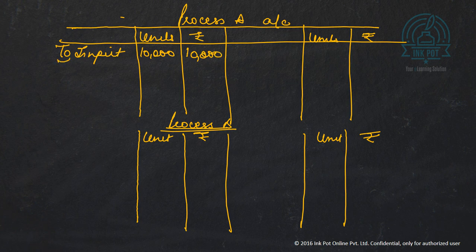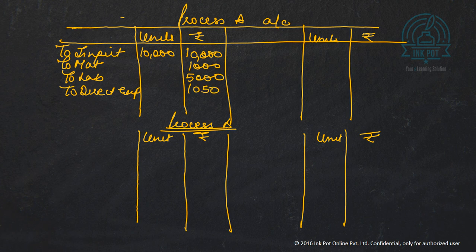Other expenses were given like material, labor, and direct expenses, right? So material is 1000, labor I suppose was 5000, and direct expenses are 1050, right?